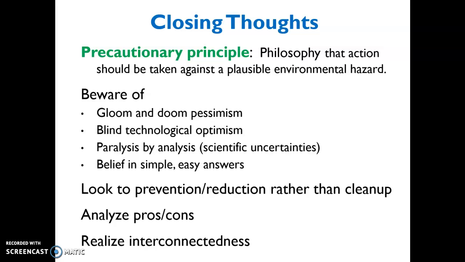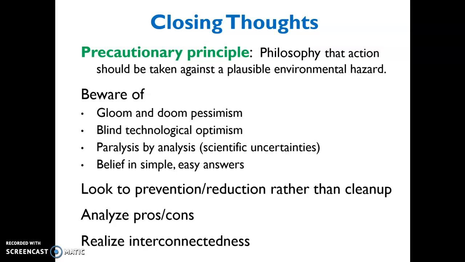One is to keep in mind the precautionary principle, which was the philosophy that action should be taken against a plausible environmental hazard. So whether that plausible environmental hazard is something like lead or mercury or adding CO2 to the atmosphere, if it's plausible, then it's time to take action.